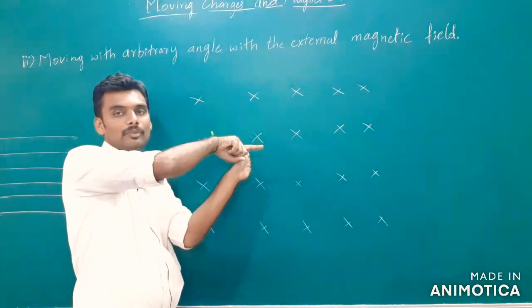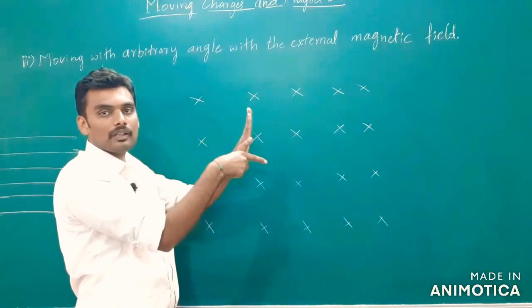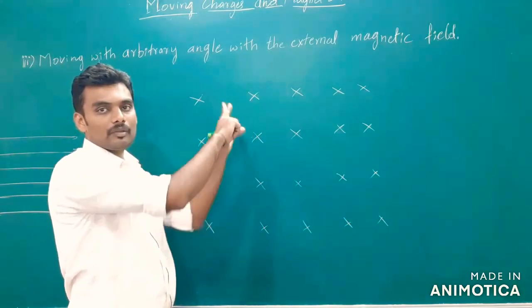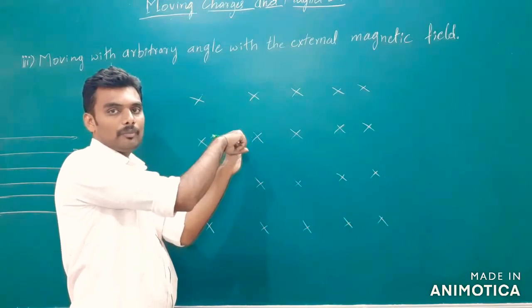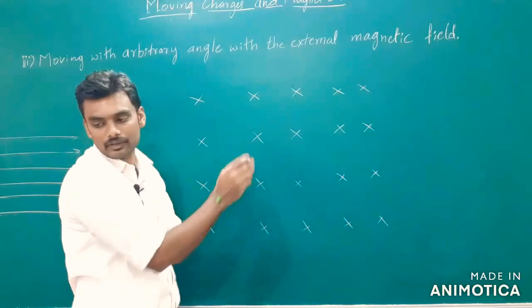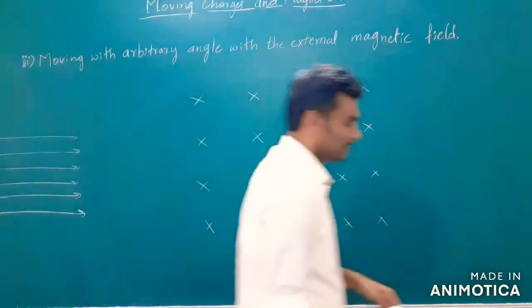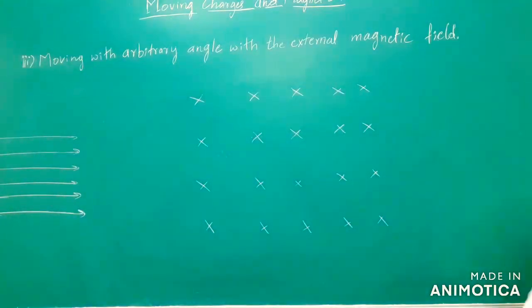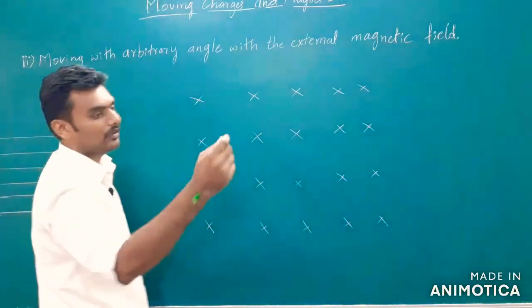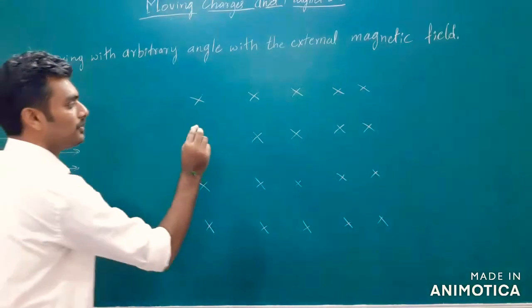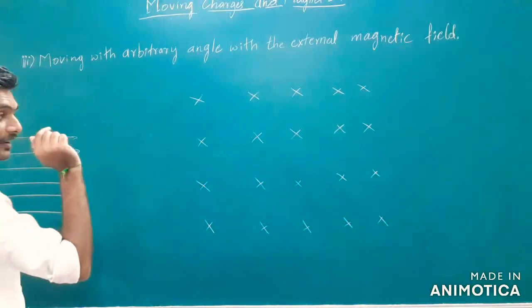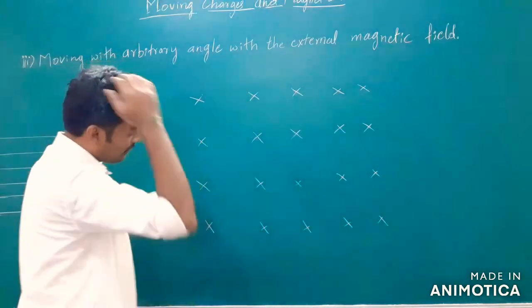If I throw it like this, it becomes perpendicular, and if I throw it like this, it becomes parallel. But I'll throw it at a certain angle like this. Clear? It should go like this.